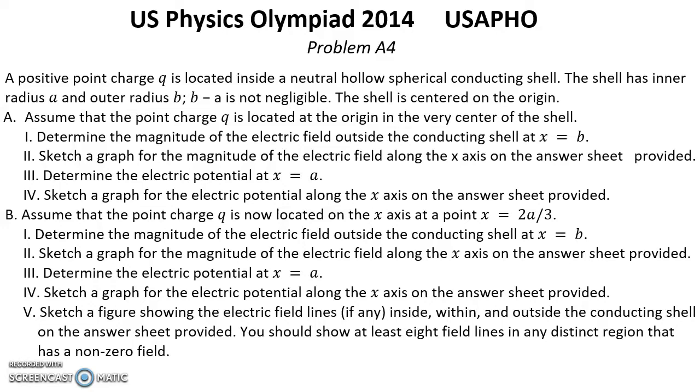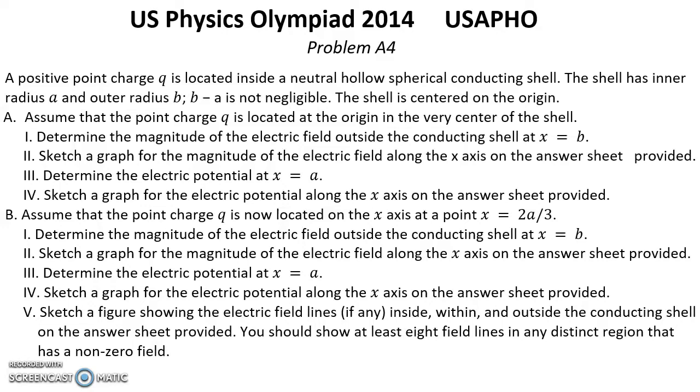Part A. Assume that the point charge Q is located at the origin in the very center of the shell. First question. Determine the magnitude of the electric field outside the conducting shell at x equals b. Question 2.